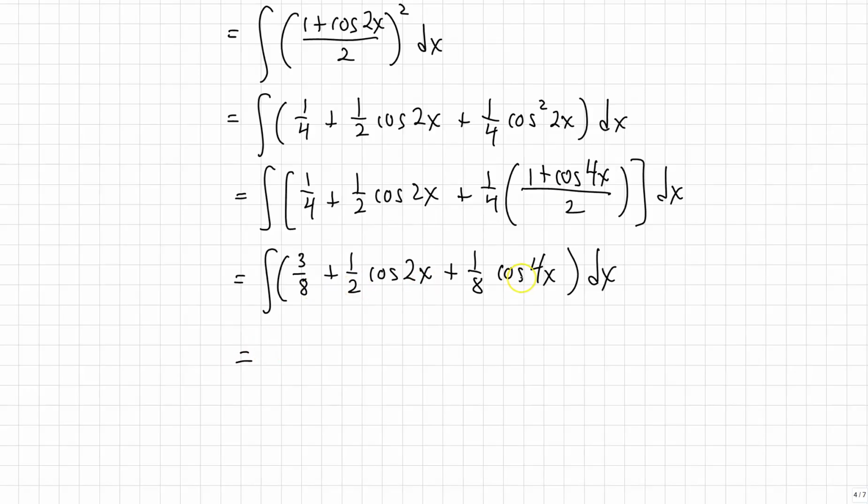So separately we have 3 integrals, 3/8, a half of that, and an eighth of that. So for this middle integral, the 1/2 cosine 2x, we would just do a basic u substitution, where u is 2x and du would be 2 dx. And then for this one, we'll do another basic u substitution, where u is 4x and du is 4 dx.